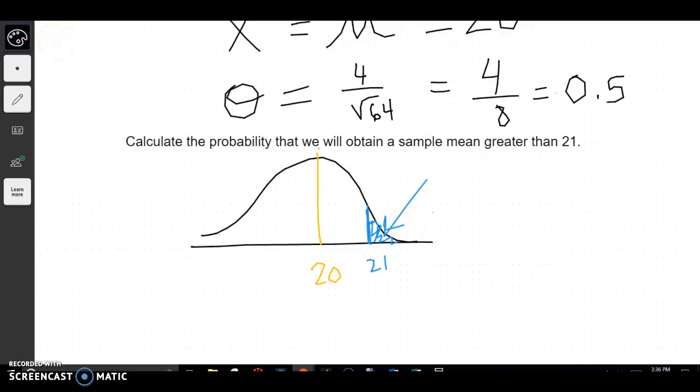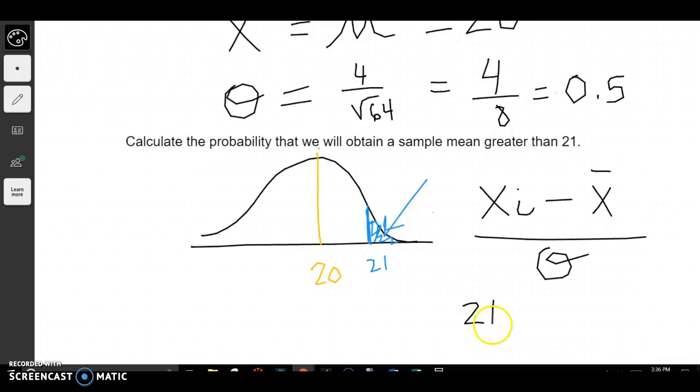So we want to know where that is on a curve. Hopefully you remember from before how we figure out that area. First we calculate a z-score. Z-scores are your x sub i minus your mean, over your standard deviation. Our x sub i this time is 21.